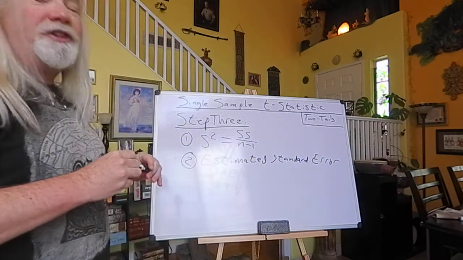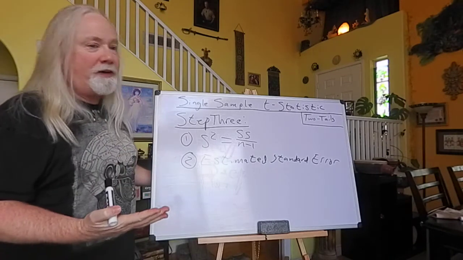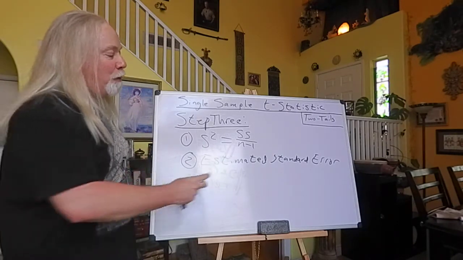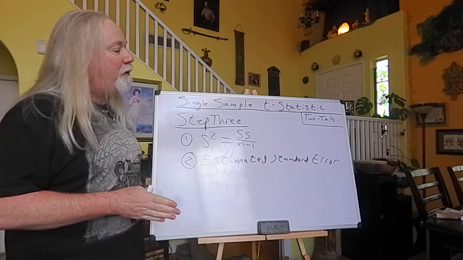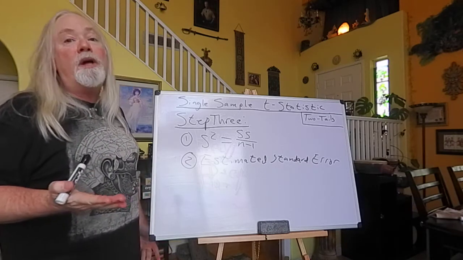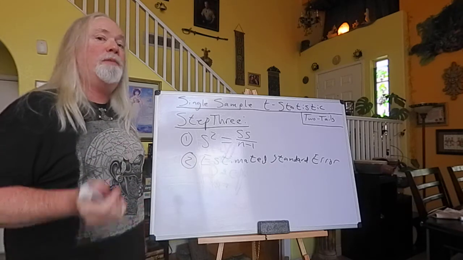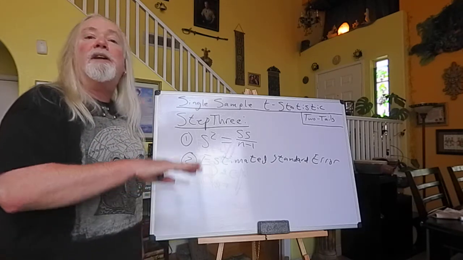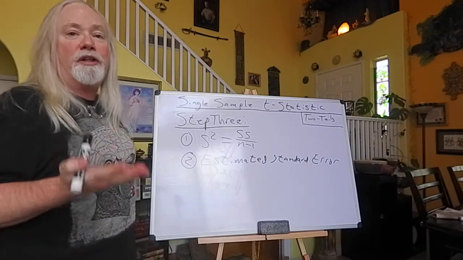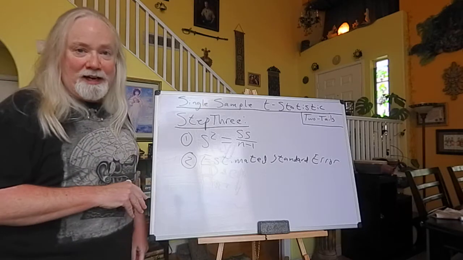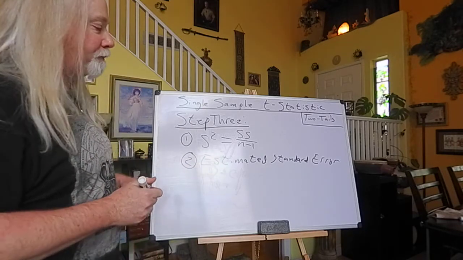It's an estimate because the sample is estimating the population, so the sample variance is estimating the population variance. So we're putting this word estimated in front of it to delineate it as different, but the definition is the same. What's the definition? How much difference should we expect to see between a sample mean and the population mean due to just simply random factors, random chance alone? The definition is identical. We're just putting the word estimated in there because it's an estimate.